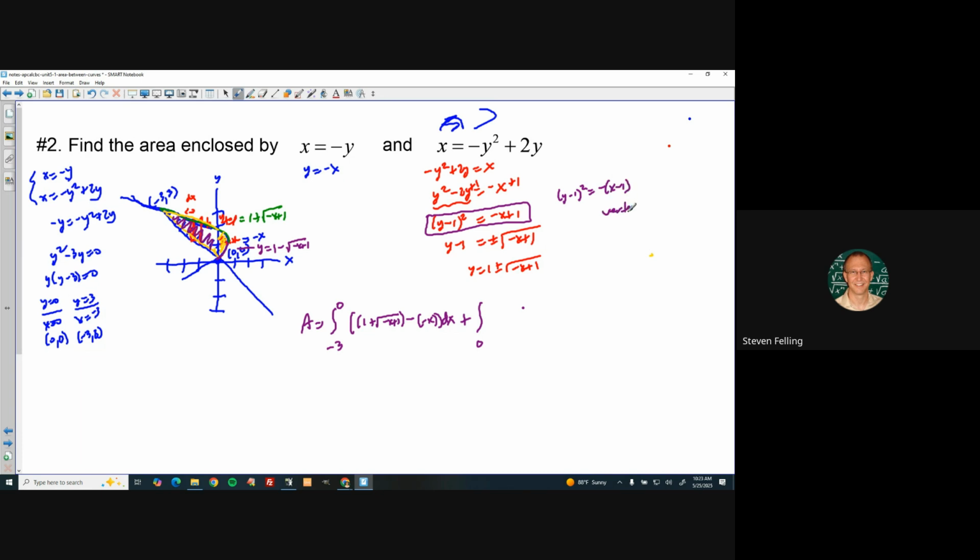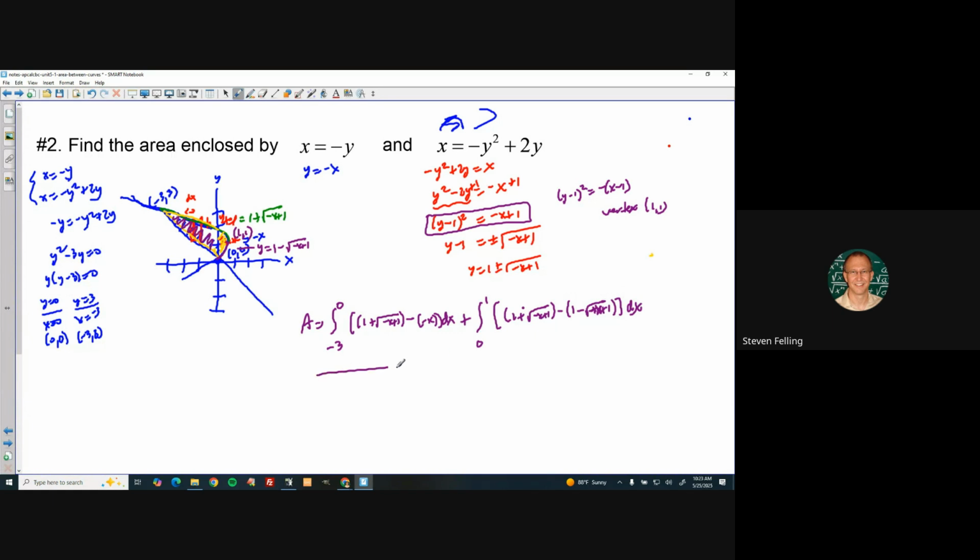So the vertex of this parabola is at 1, 1. So this point is actually 1, 1. And we would then integrate from x is 0 to x is 1. We would use this portion on the top, so this would have to be 1 plus the square root of negative x plus 1 as the top function. And then that same function, but the minus case, on the bottom. Negative x plus 1 there, dx.